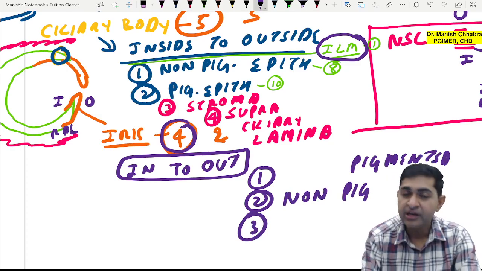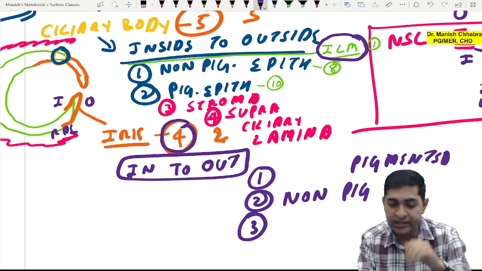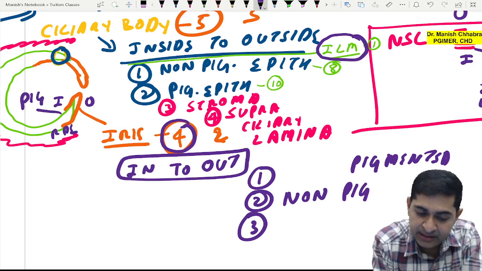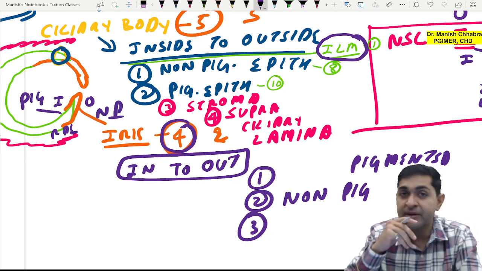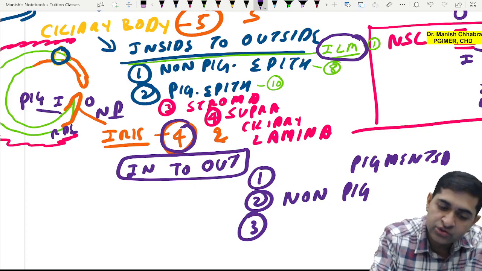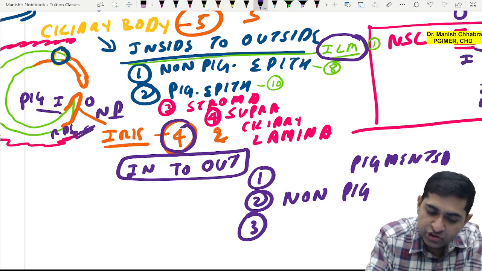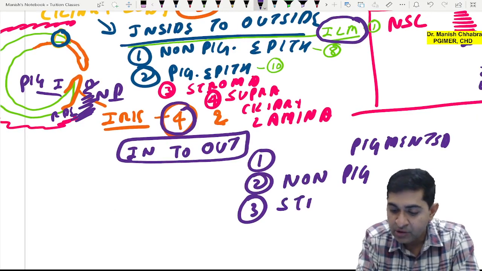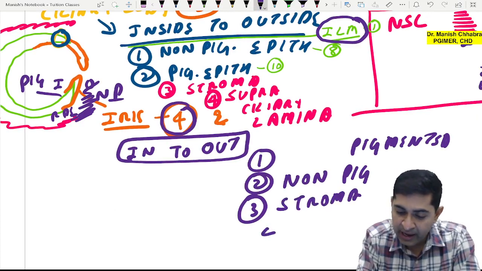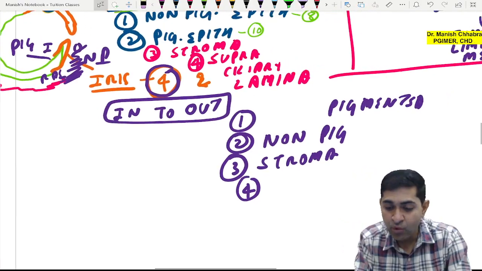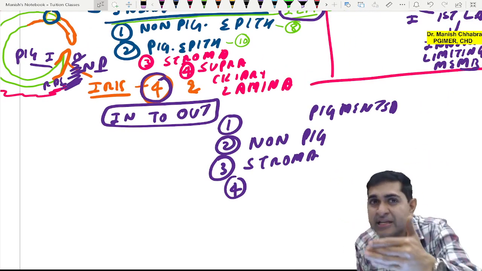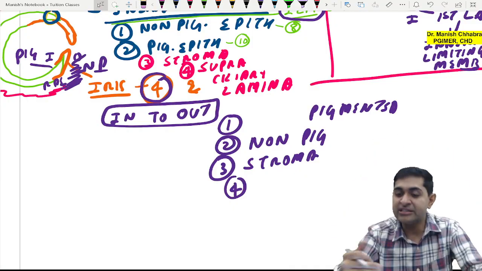And again, if we go from inside to outside, this layer of the iris is now pigmented and this is non-pigmented, and of course it is surrounded by which tissue? The mesenchyme, which is going to form the stroma, and the anterior most layer of the iris is, of course, the anterior limiting layer, which is limiting the iris anteriorly.